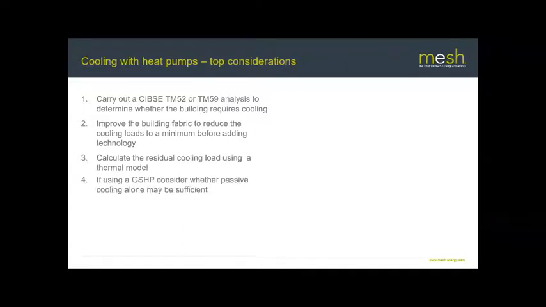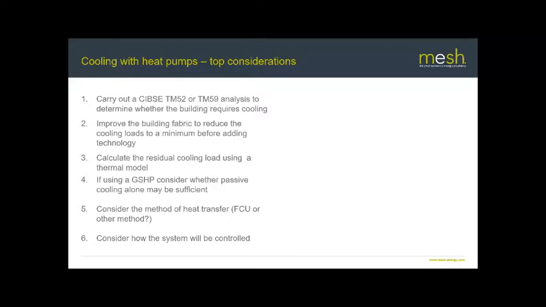Step 4. If you're using a ground source heat pump, consider whether passive cooling alone may be sufficient to meet the cooling demands. 5. Consider the method of heat transfer. Are you going to use fan coil units or some other method? In most cases, fan coil units will be the most appropriate choice. 6.